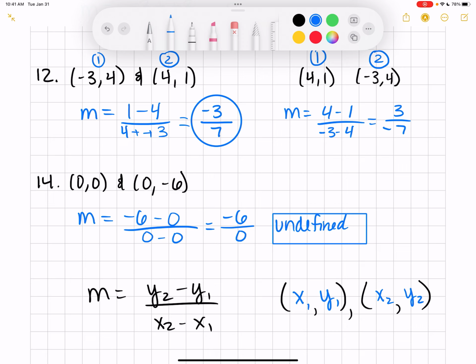Honestly, sometimes what may be easier, other than just saying this is point 1 and this is point 2, is to actually say this is x1, this is y1, this is x2, this is y2, and then take it that way and plug it in. I will not require you to write this formula out every time, but that may help at least initially, just getting it stuck in your brain that I need to write this every time.